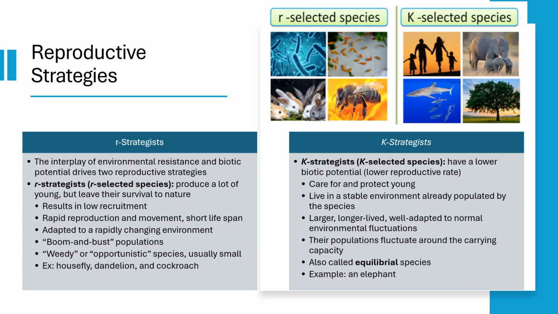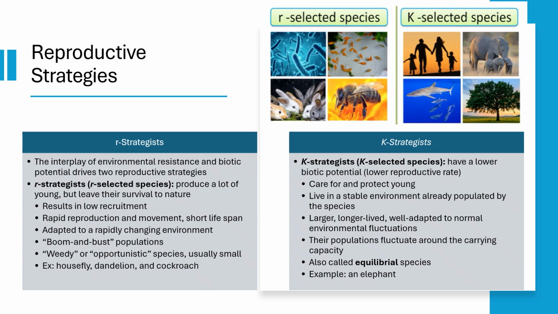And then the K-strategy species, on the other hand, have a much lower biotic potential, so they don't reproduce at such a high rate. They care for and protect their young. Their environment is typically very stable. You usually have a lot of different species, and that K-strategy species itself is also very well established, so you have a lot of individuals in that species.